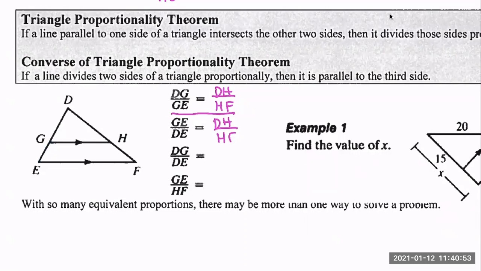Let's see, GE to DE is equal to HF. Yeah, I made a mistake. So that one should be HF to DF. Okay, I'll give you guys a moment to figure out what you think those proportions would be.